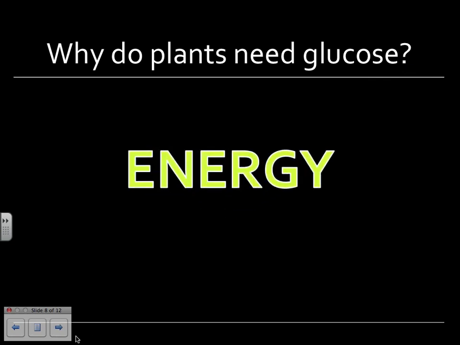So again, the chloroplasts that are inside of the plant cells are filled with a pigment called chlorophyll. And when sunlight hits the chlorophyll, it activates the chlorophyll to carry out the steps of photosynthesis so that the plant produces glucose and ultimately gives the plant its energy. So it's an energy transformation process.